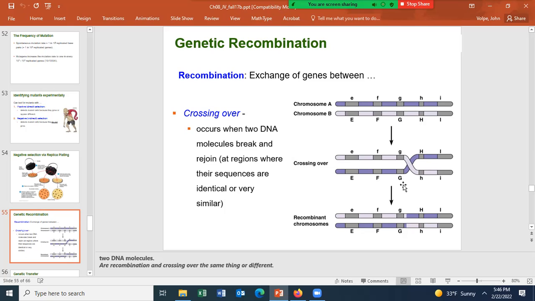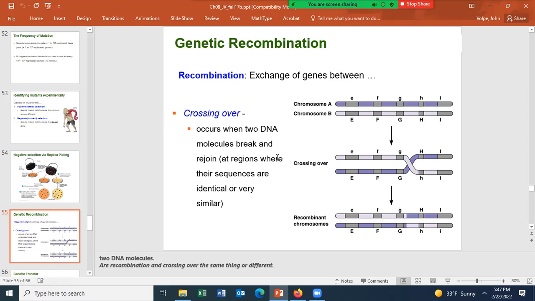And then we get a mixed chromosome, where the lowercase alleles in gray are the chromosome that came from the mother, and then the portion of the blue chromosome in the capital letters, this part of the chromosome came from the father. This is crossing over.